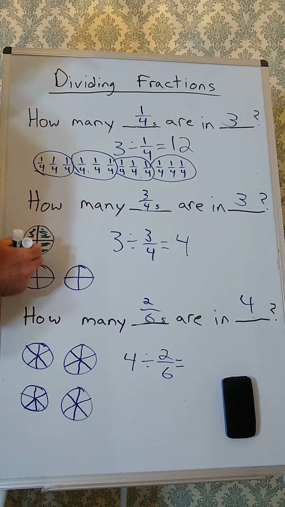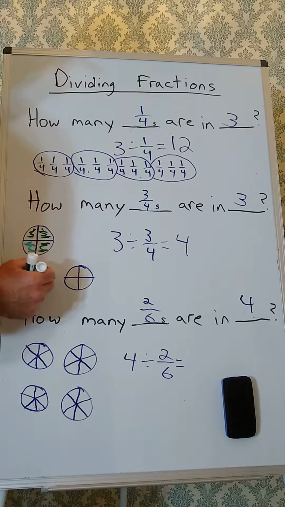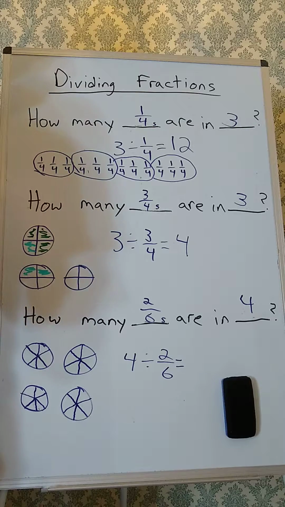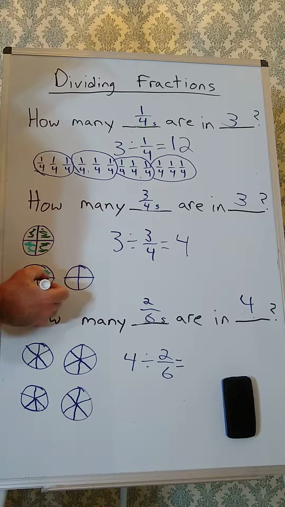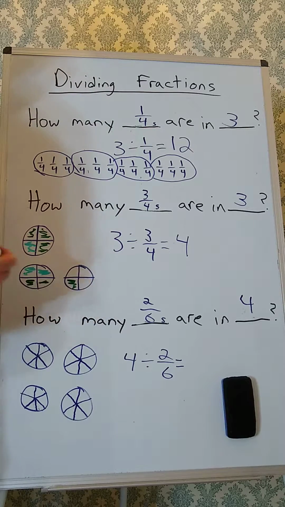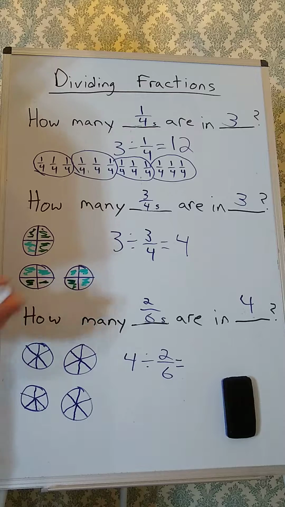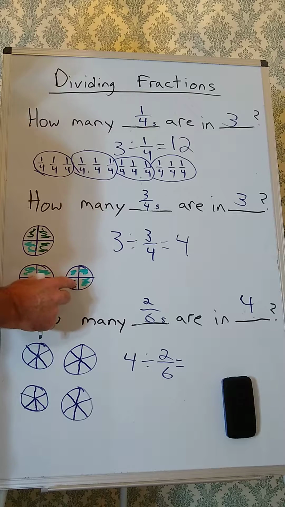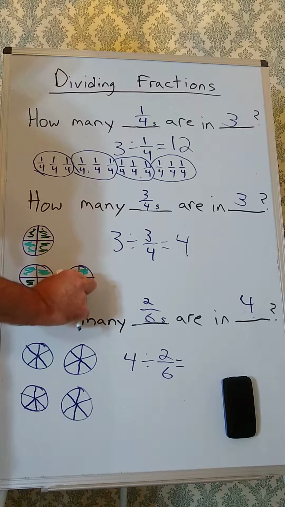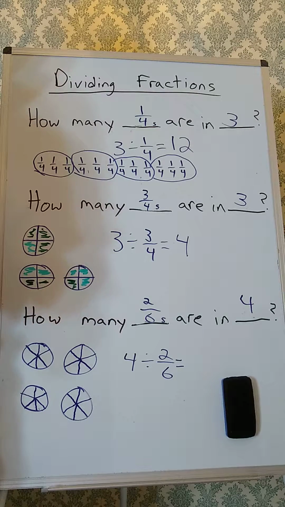Another person gets 3/4. Another one's going to get 3/4, and looks like one last person will get 3/4. So how many people got 3/4 of a pizza? 1, 2, 3, 4.